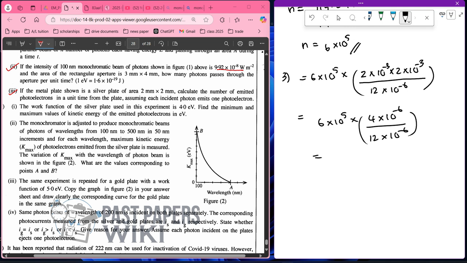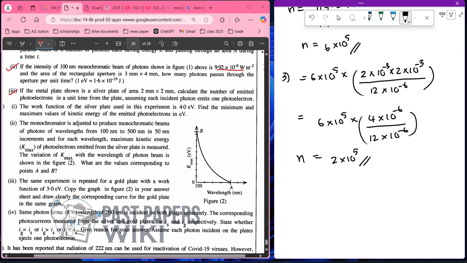Finally, the number of electrons passing through that 2 mm into 2 mm silver plate is 2 into 10 to the power 5.